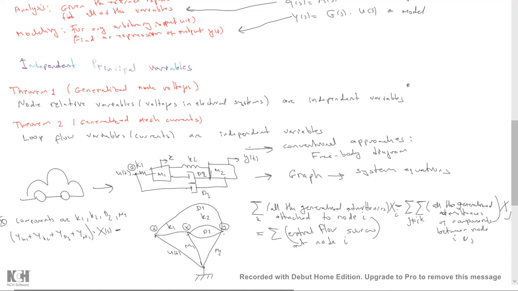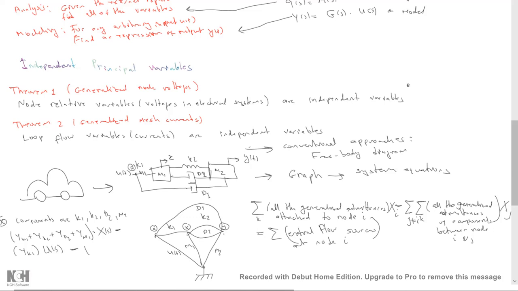I have here Yk1 times u of t, or a of s. Let's call it u of s here. Minus, between this node x and node y, is there any component? Yes, there are two.